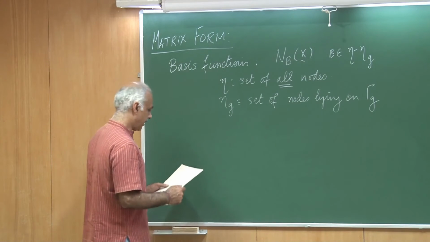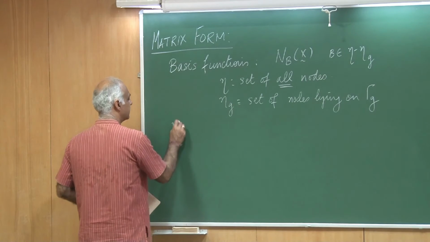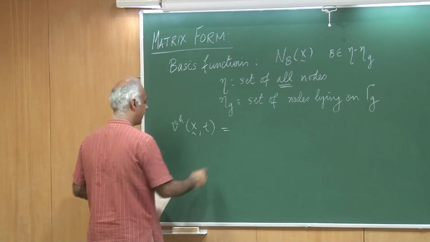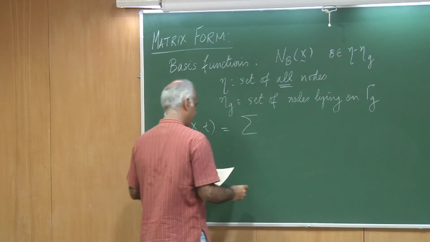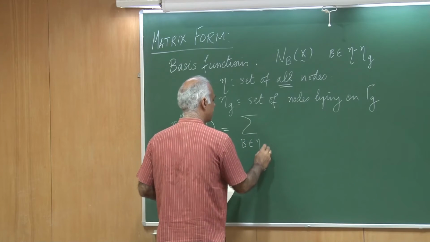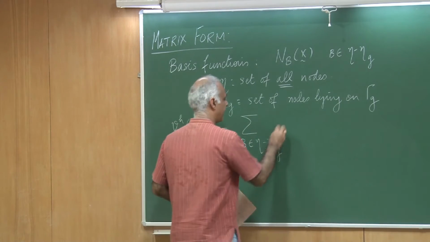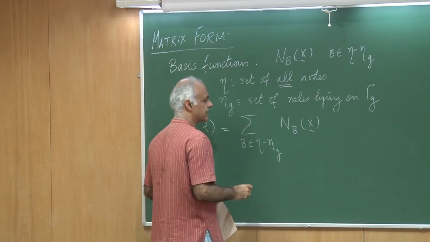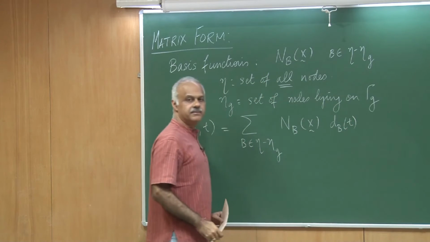So, these are the basis functions and we are going to write down VH as a function of x and time in the following manner. We will say that B belongs to the set eta minus eta g and these are given as NB as a function of x, but the coefficients are functions of time.